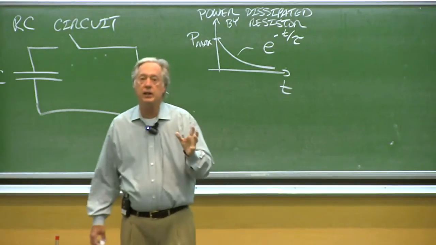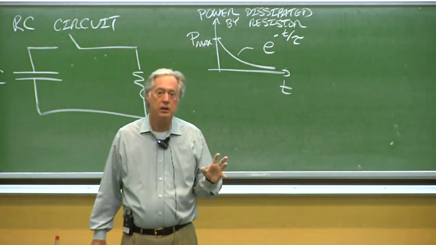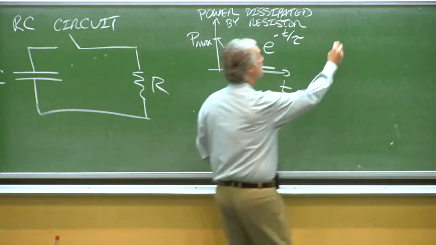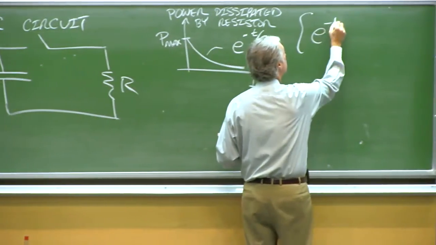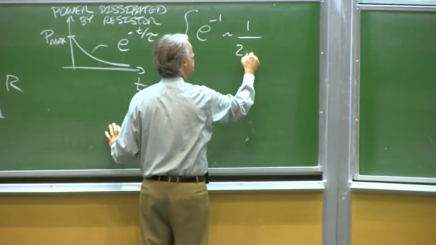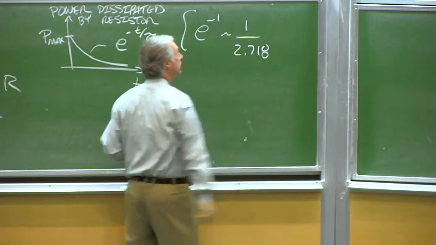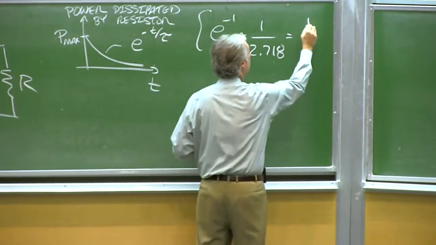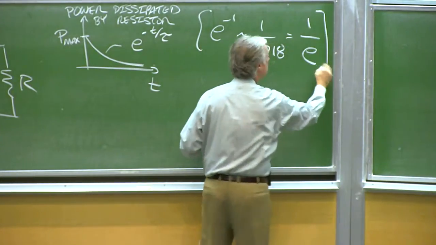And what's e to the minus 1? 1 over e, and remembering that, that's 1 over 2.718, right?